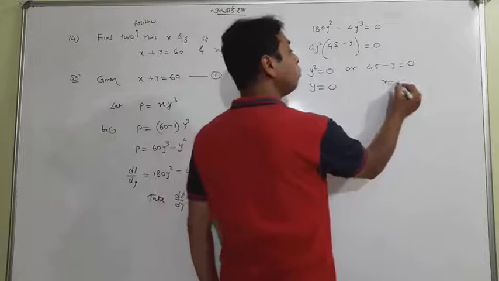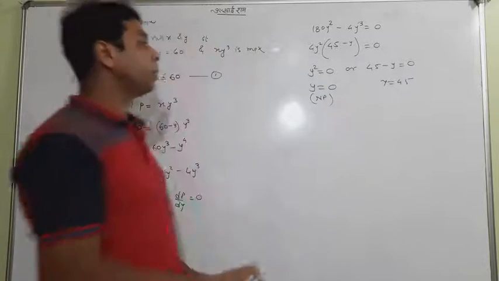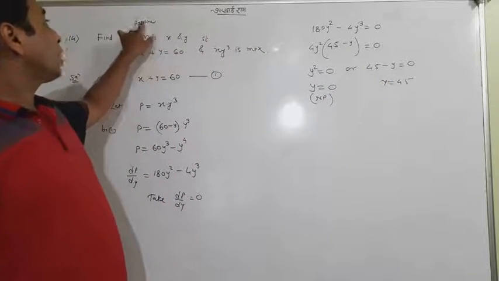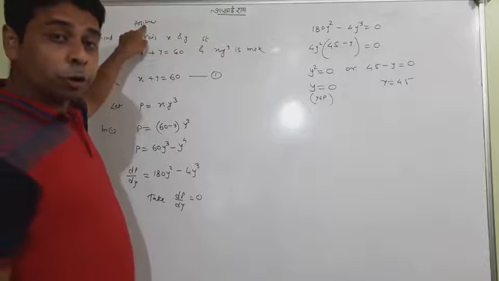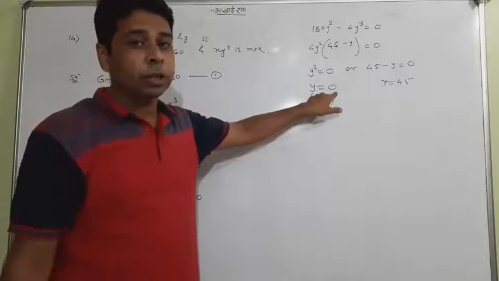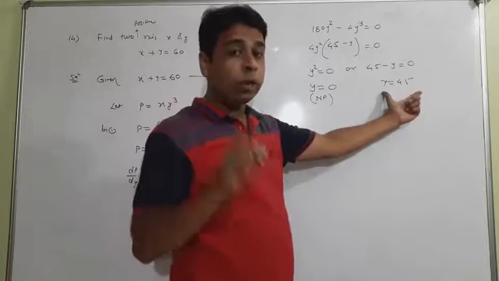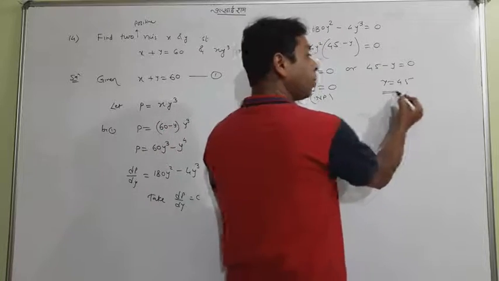I'll get y equal to 0, and I'll get y equal to 45. But y equal to 0 is not possible. Why is it not possible? Because x and y are both positive numbers, and 0 is not in the category of positive or negative. So we will avoid it. We have just y equal to 45. Only one critical point, and it is an acceptable critical point.